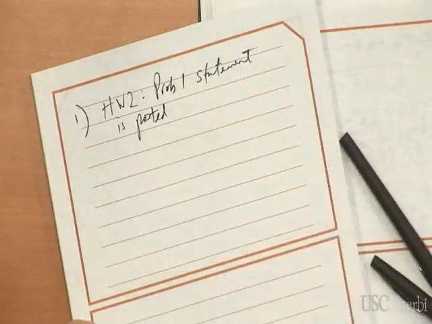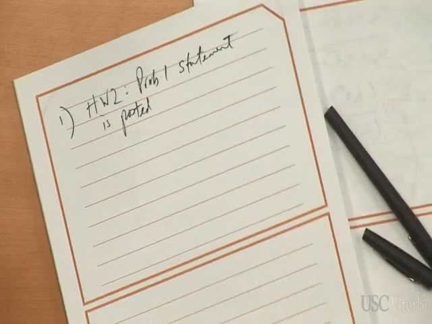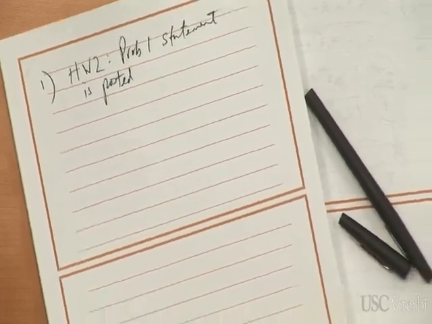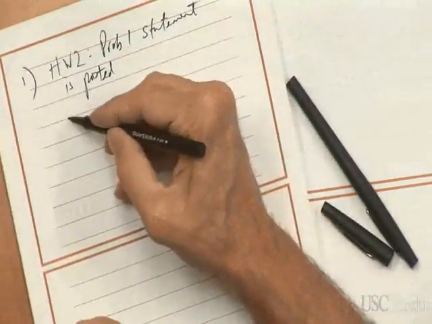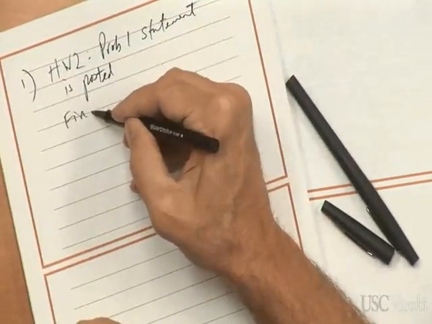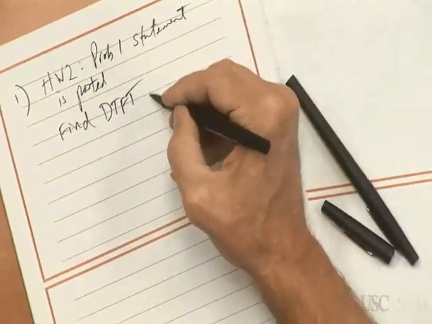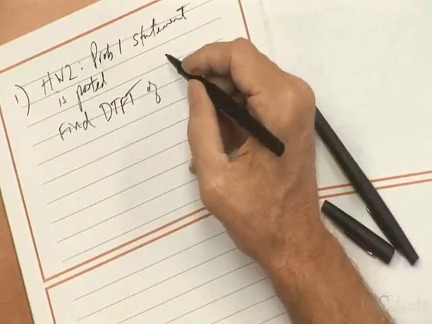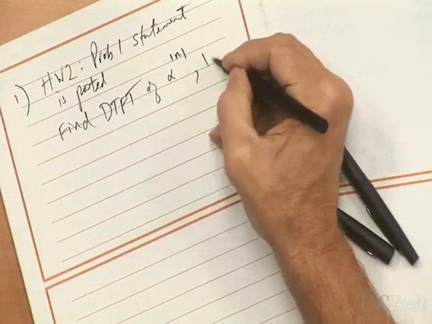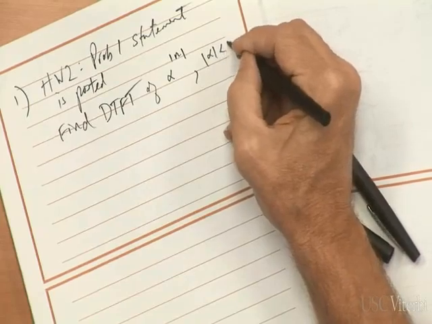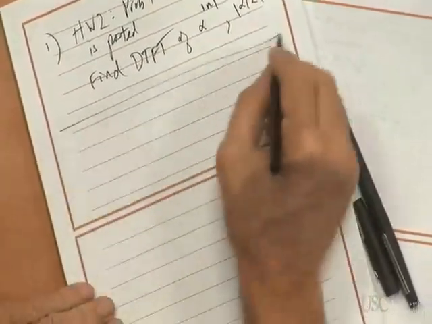It's not the solution, but it's something. Basically, problem 1 was just to find the DTFT of alpha to the absolute value of n, where alpha is less than 1. Okay, so that's one thing.